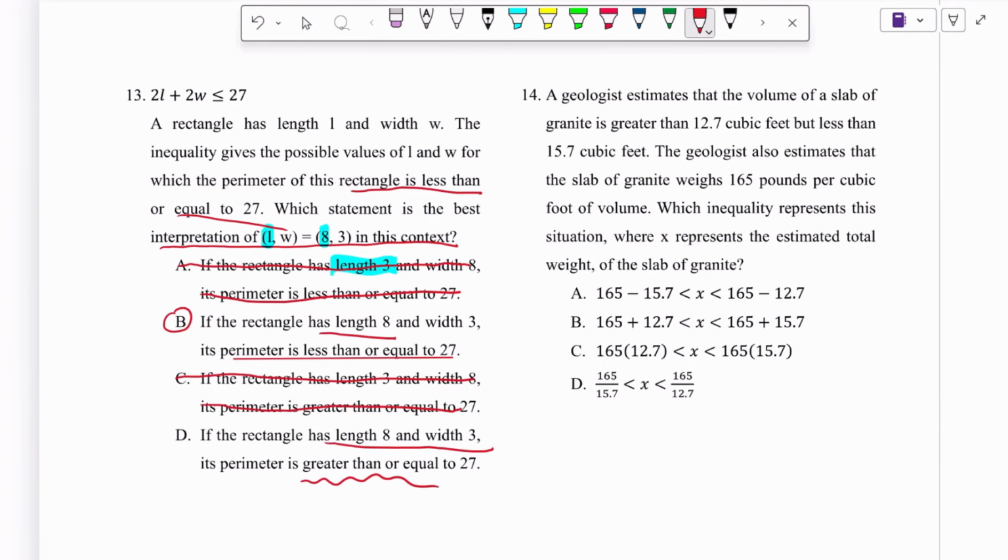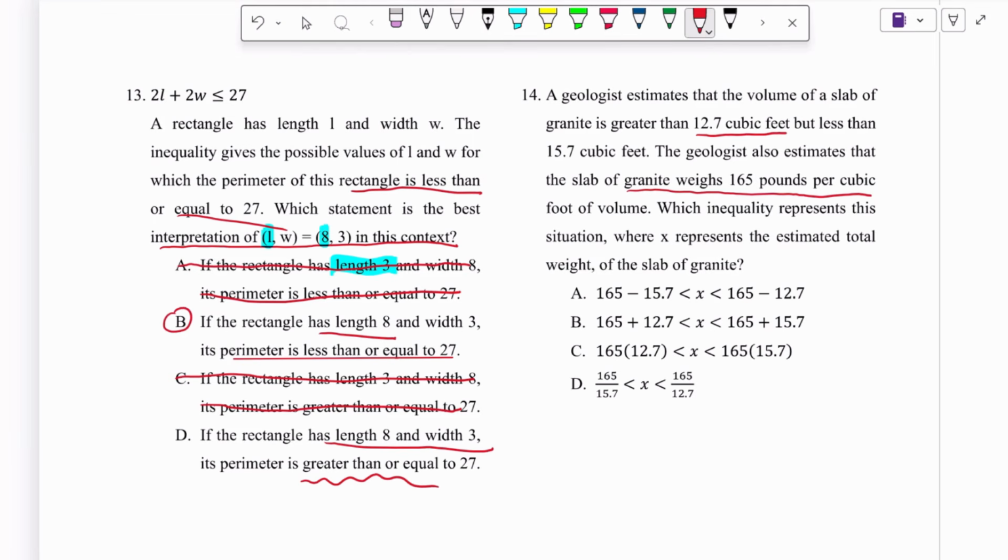Okay, so go back to the beginning. The volume of a slab of granite is greater than 12.7 cubic feet. So granite, 12.7 cubic feet. Okay, and then you have some granite that also weighs 165 pounds per cubic foot.